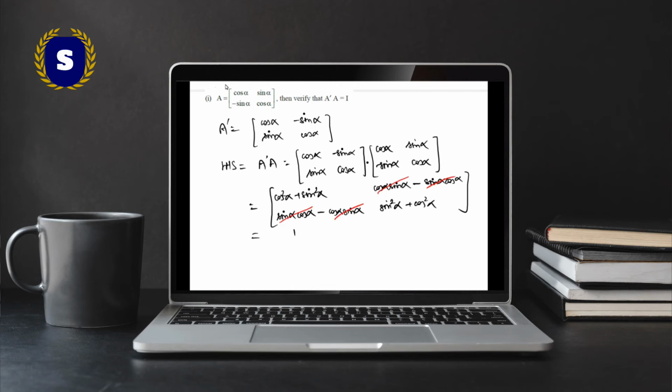This will also cancel out, so we'll get 1, 0, 0, 1. This is an identity matrix of order 2 cross 2, which is equal to the RHS. So we have got LHS equal to RHS. Hence proved.